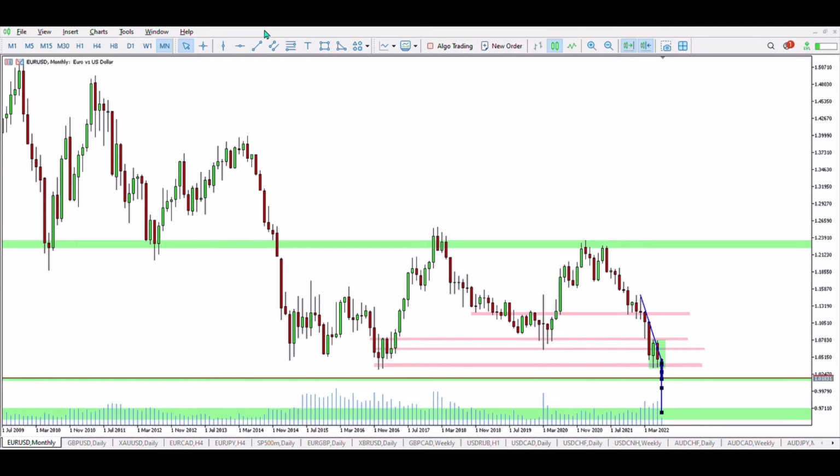Sometimes when we have such a pennant pattern, the price will go back and retest the neckline. So this is also a potential scenario which we should pay attention to.